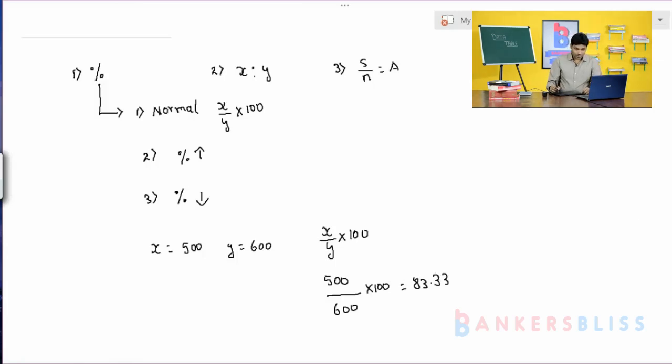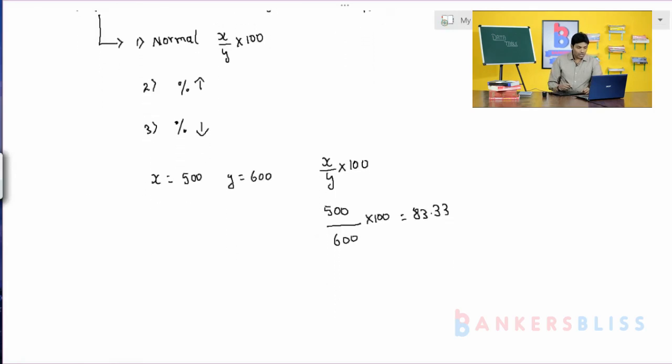Next, x is equal to 500, y is equal to 600. One more condition: how much percentage is increased when compared to x? With respect to x, you have to verify how much percentage it is increased. So x is the denominator, that is 500.